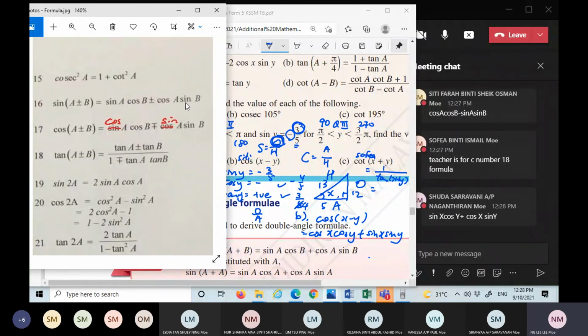Oh, very difficult. Okay, so you just have to match your A with the x, B with the y. Okay, here you remember sine x, then here is sine y. Cos x, then cos y. Each of this will not repeat. Okay, so the plus then is plus.